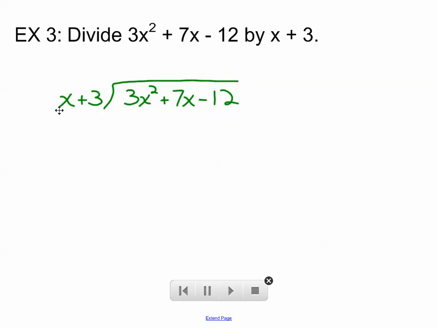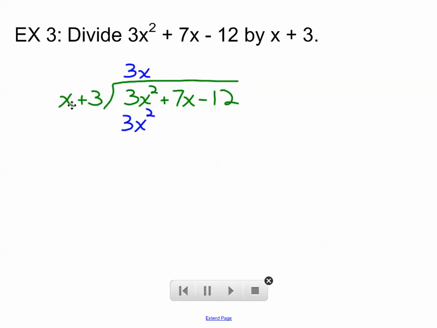Now what we're concentrating on here is the lead term, x. How many times does x go into 3x squared? Or perhaps you want to ask yourself this a little bit differently: x times what is 3x squared? X times 3x is 3x squared, or 3x squared divided by x is 3x.